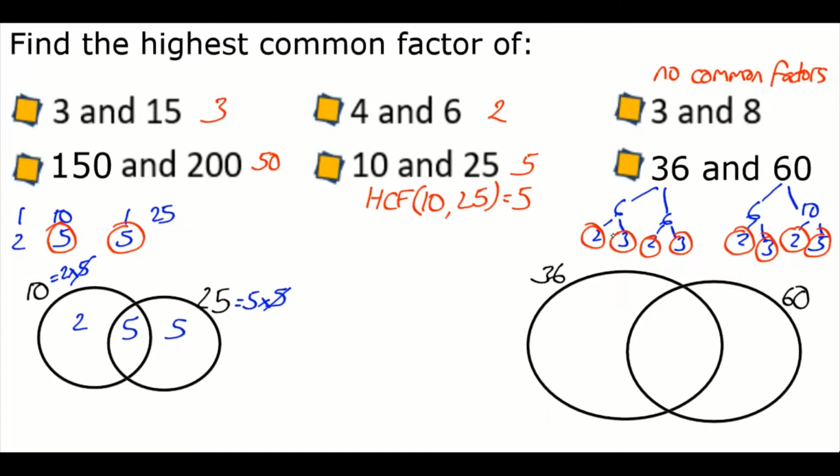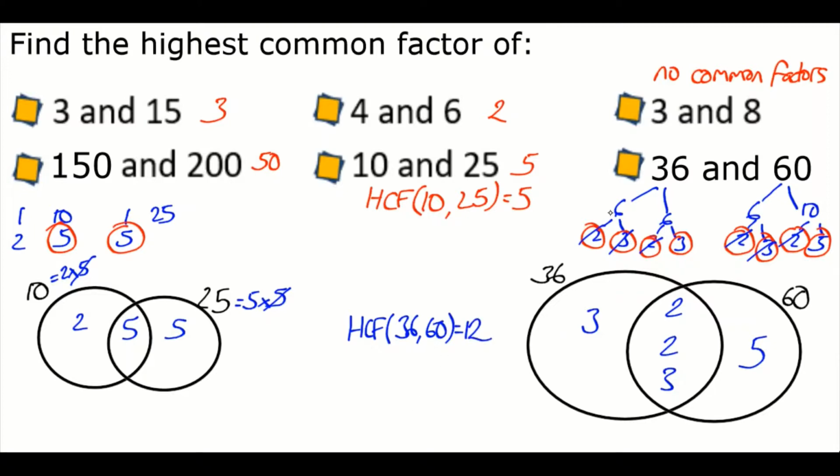So filling in those values, there's a 2 on both lists, there's another 2 on both lists, there's a 3 on both lists, then there's a 3 left over in 36 and a 5 left over in 60, but the key thing is here 2 times 2 times 3, so 2 2s are 4 times 3 is 12, so the highest common factor of 36 and 60 is 12.